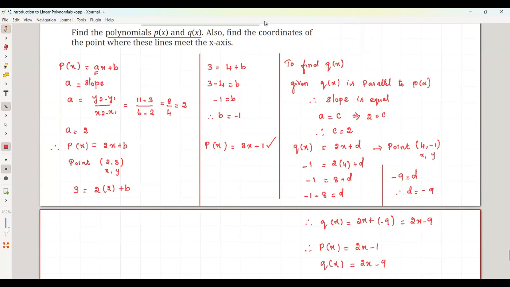Along with that, they ask us to find the coordinate of the point where the line meets the x-axis. The point on the x-axis will be x comma 0.